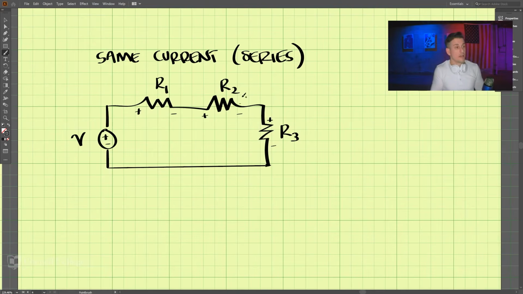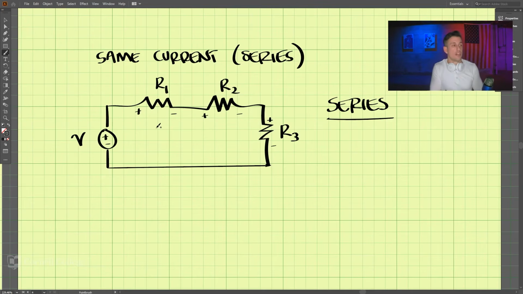We say that R1 is in series with R2, and R2 is in series with R1. But R1 is also in series with R3, and R2 is also in series with R3. So R1, R2, and R3 are all in series.